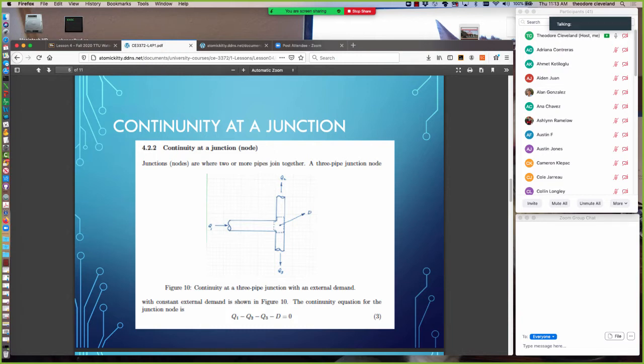So if I were to apply the principle of conservation of mass, the continuity equation for that junction in this picture is Q1 minus Q2 minus Q3 minus demand equals 0. So all that is a conservation of mass statement. A somewhat more common way of writing it would probably be Q1 minus Q2 minus Q3 equals demand. Keep in mind that by convention, demand is positive leaving a junction.